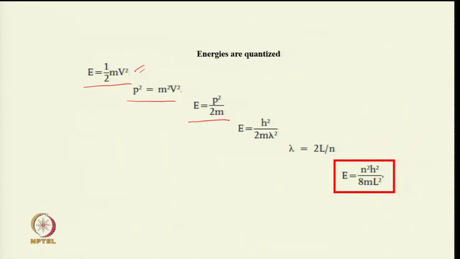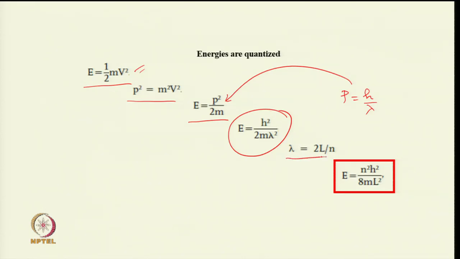So, energy is p square by 2m, and p is equal to h by lambda from the de Broglie hypothesis. When I plug in the value of p into this equation, we get E is equal to h square by 2 m lambda square.